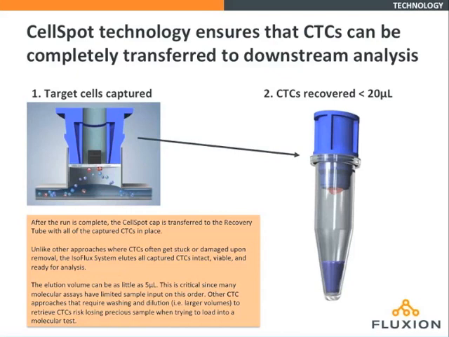So at the end of the flow, the magnet along with the CellSpot substrate get lifted out of the fluidic flow path, and the cells are all contained in a hanging drop that has a dead volume of less than 5 microliters. Now, along with the resuspension volume that you see down here at the bottom of the tube, the cells can be recovered in a total volume that's less than 20 microliters.